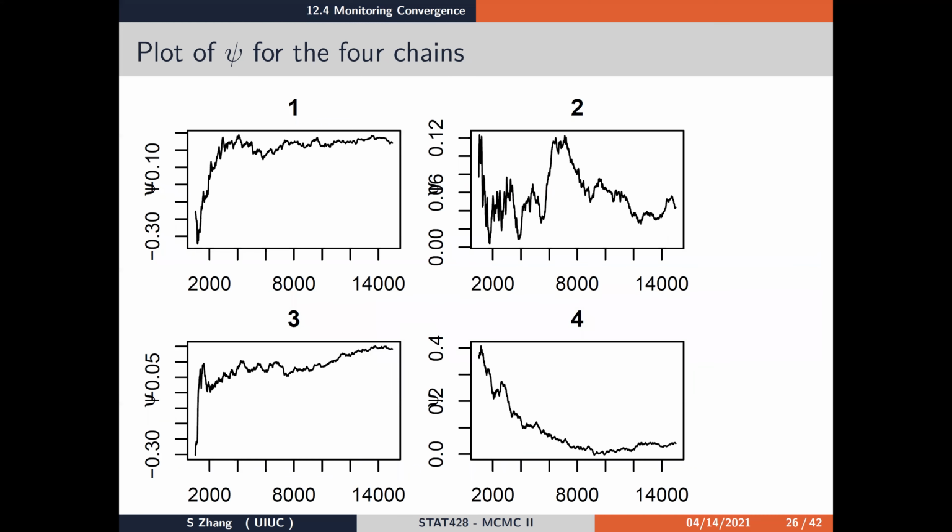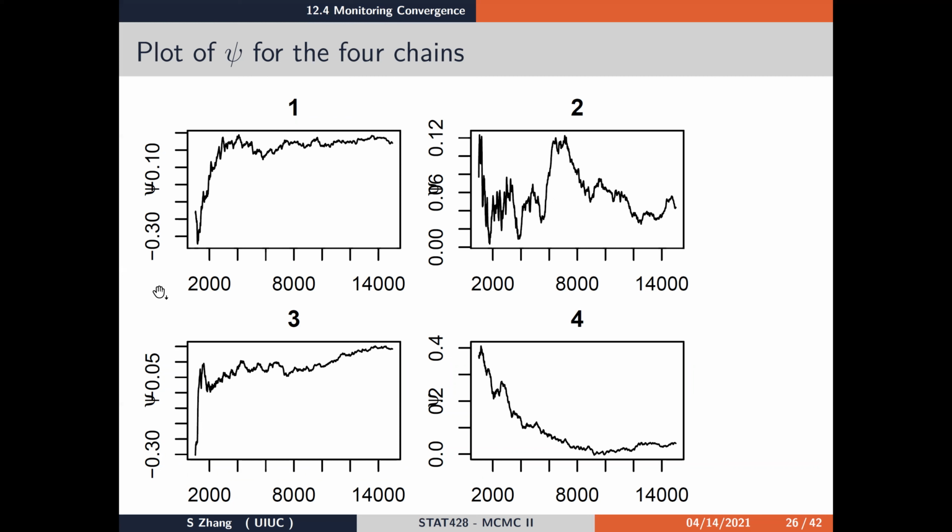And here are the plots. There are 4 plots, and each of them is the chain plot for each of the 4 chains. And the 4 chains have different starting values. You can see that although we toss away the first 1,000 iterations, the 4 chains all started at quite different places.